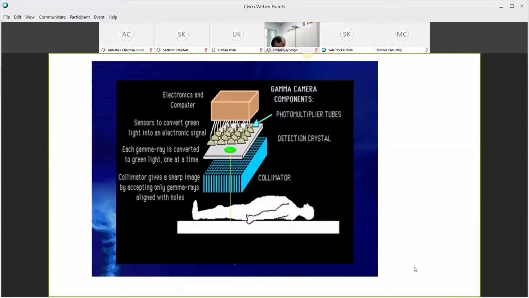And this is the physics behind the SPECT imaging. Normally, we will inject the medicine called radionuclide to the patient, and there is the emission of the gamma rays, and that will be detected by the gamma scanner. And this is the whole gamma scanner.